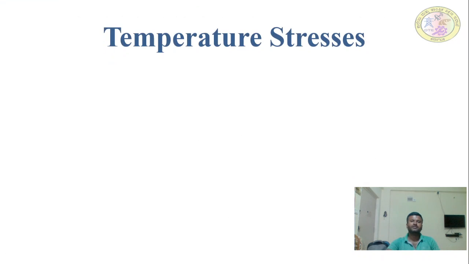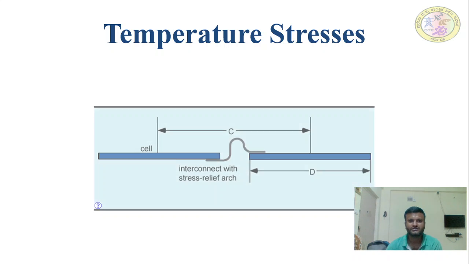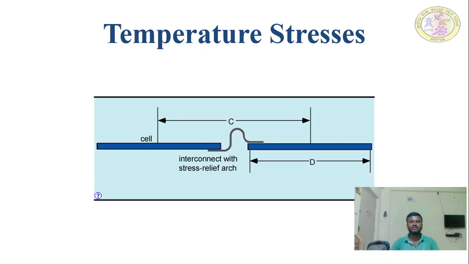Okay. When the material is subjected to or experiences a change in temperature, it undergoes a change in dimension. When the materials are placed at a close spacing and experience a change in temperature, then automatically stresses will be induced.